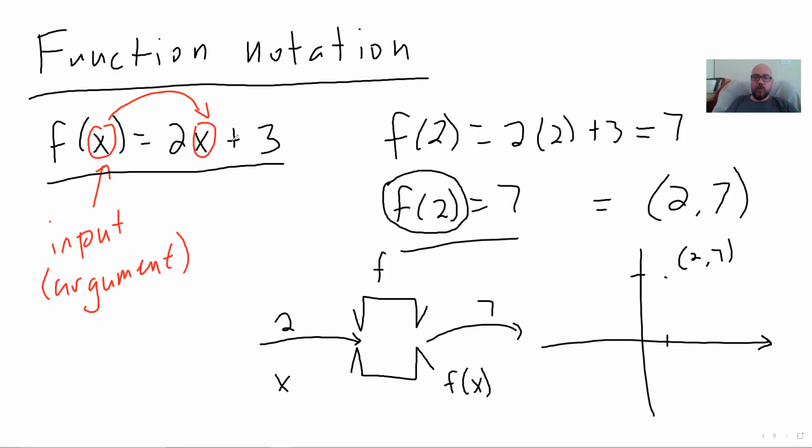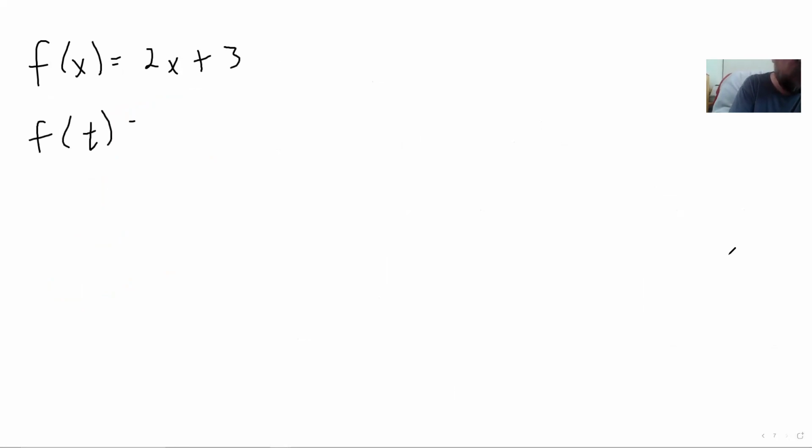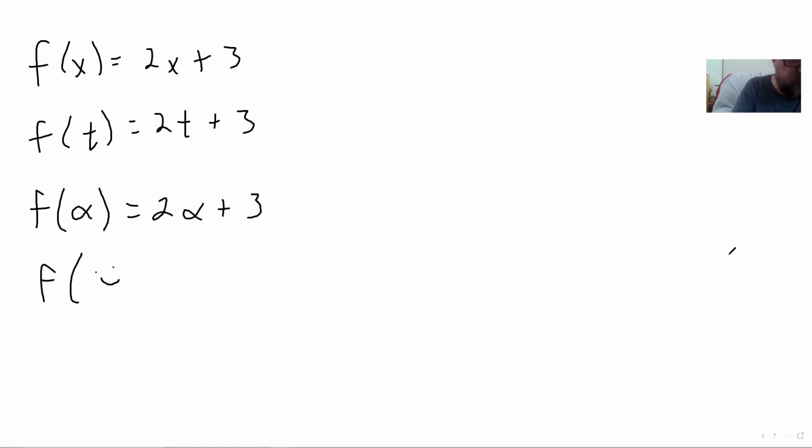If I said f of a equals 2a plus 3, or anything like that, those all say the same thing. It doesn't matter that my variable is called x. We usually call it x, but you don't have to. So if I have f of x equals 2x plus 3, f of t equals 2t plus 3, f of alpha equals 2 alpha plus 3. My favorite one, f of smiley face, is 2 smiley face plus 3.